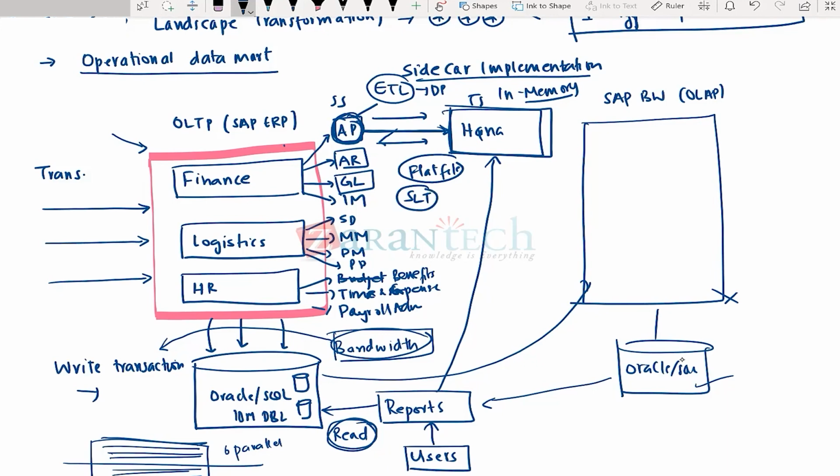Now, going back to the earlier discussion, what is the use case? I am pushing an operational data mart. A data mart is nothing but a specific subject area. You pick one subject area. Mike is asking, why not a flat file? That's a very good question, Mike.